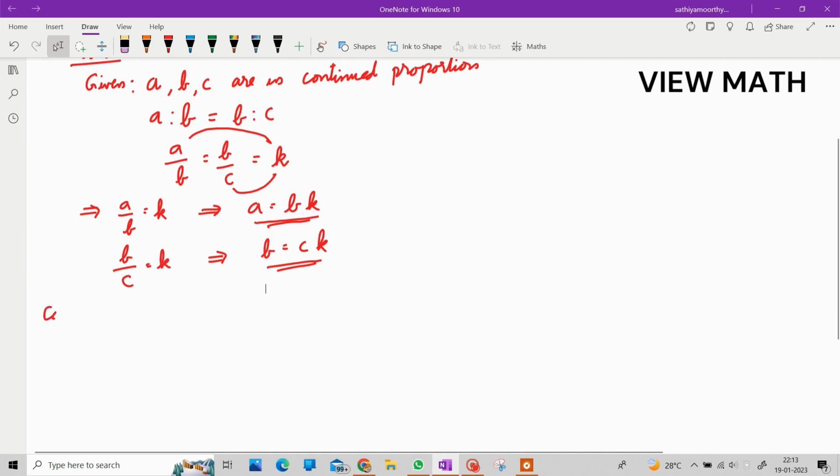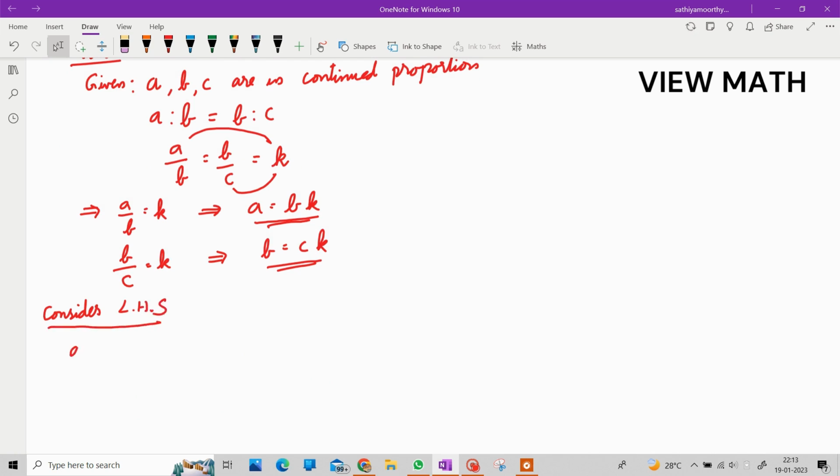Now I am going to consider the left hand side first. What is there in the left hand side? a square plus b square by b into (a plus c). So this is equal to a square, and a is bk, so I am going to substitute here.